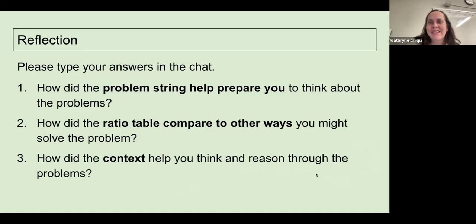How many sticks are in a certain number of packs? So Janice says it helps her have a visual in her head. Carly says it makes it real.